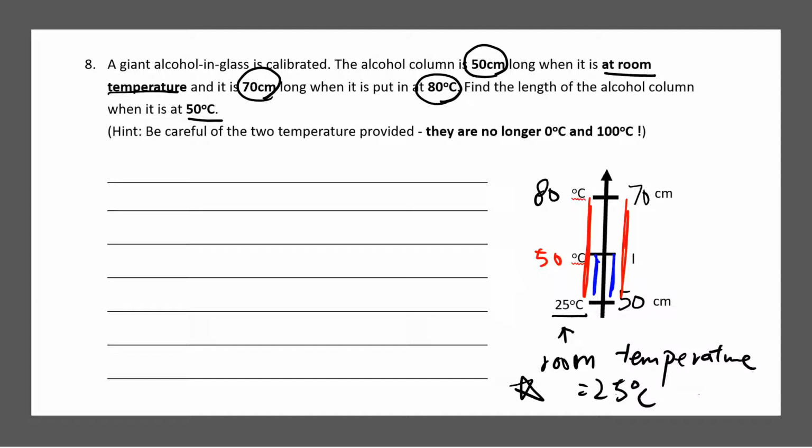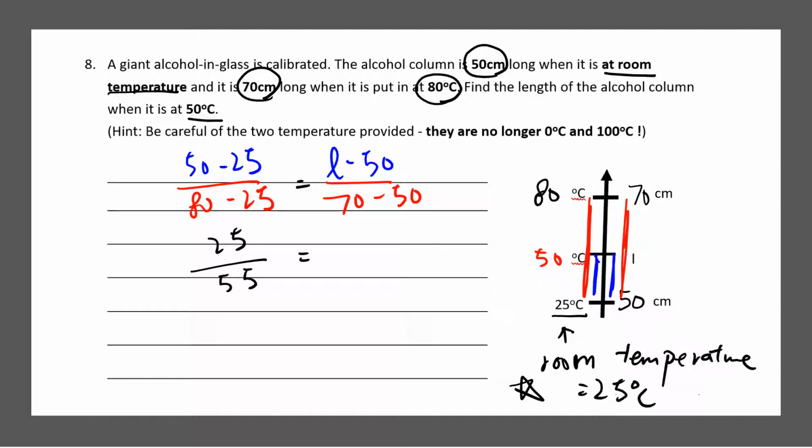Draw the ratio again. The left hand side is 50 minus 25 over 80 minus 25, equals L minus 50 over 70 minus 50. And then you can get the equation as the following.